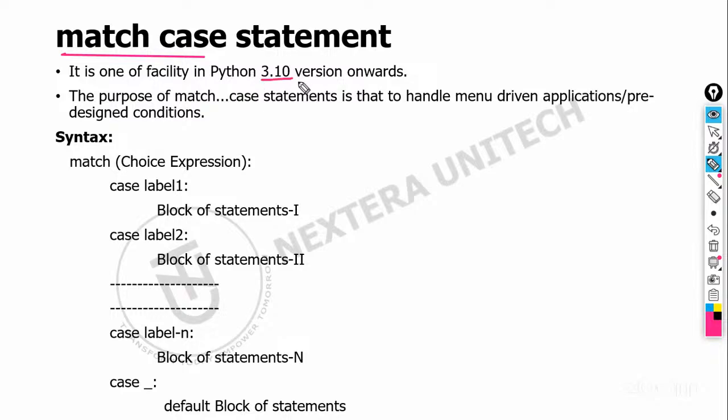From this version onwards, match case statements have been implemented. So if you are using a Python version less than 3.10, you'll get an error when you try to use a match case statement.